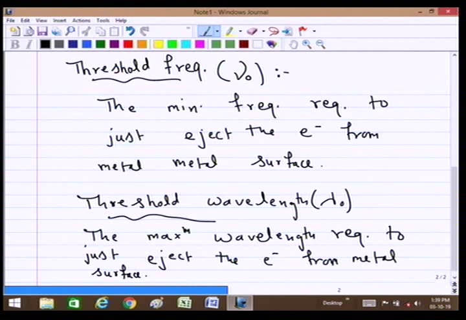Because in the next class, I'm going to arrange a doubt session of the sheet. Copied? Senapati, have you done that?